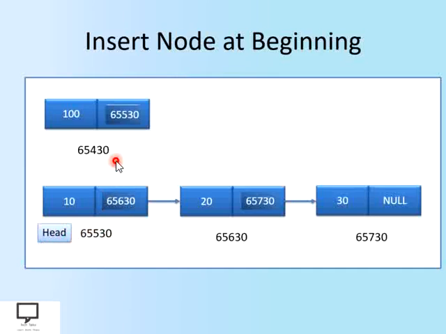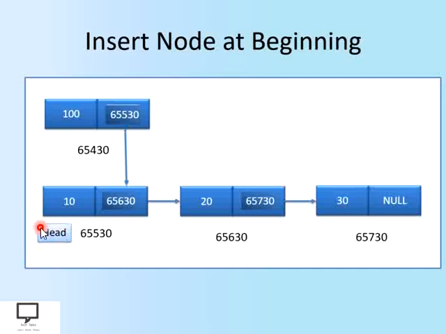So now after assigning this address, it means that we are going to create a logical link between these two nodes. And here you can see that now this is the node which is inserted at the beginning of the linked list, and now it is having a link from the first node to the previous head node. This was a previous head node.